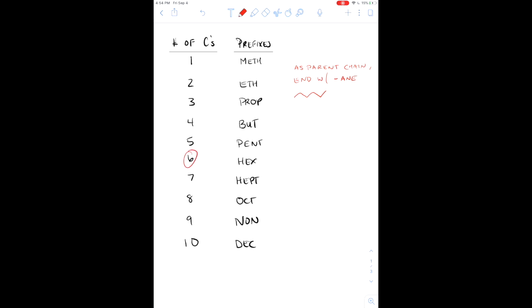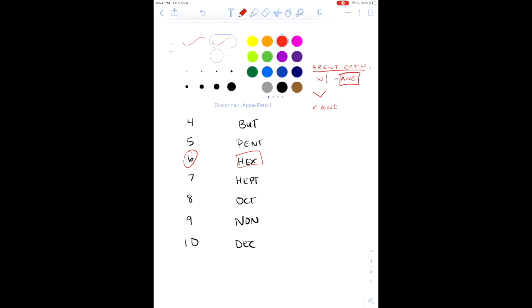Something with 6 carbons has the prefix hex, and if it's something that's called a parent chain, which we'll explain in detail in a little bit, it's basically the longest chain in that compound. Then we basically just tack on the ane as the suffix or the ending. So we have hex because it's got 6 carbons, and ane because it's an acyclic hydrocarbon. It's an alkane.